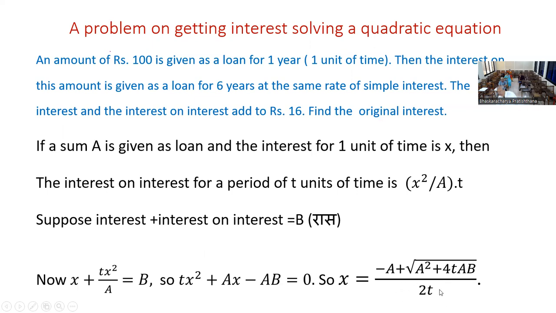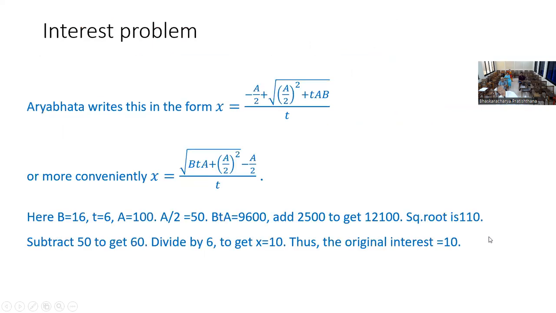In the denominator you are dividing by 2, so only T will remain. So he is reducing the numbers and removing numbers like 2, 4, etc., which probably reduces the calculations. So this is minus A by 2 plus root of A by 2 square plus T times AB, divided by T.